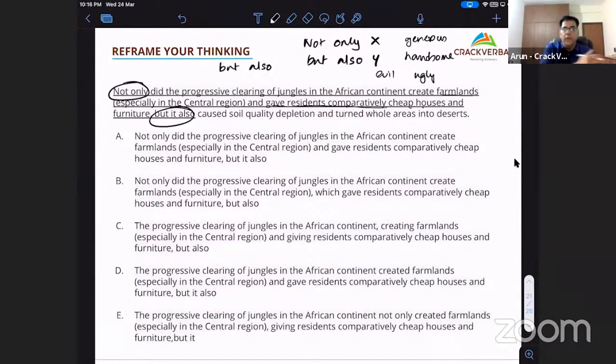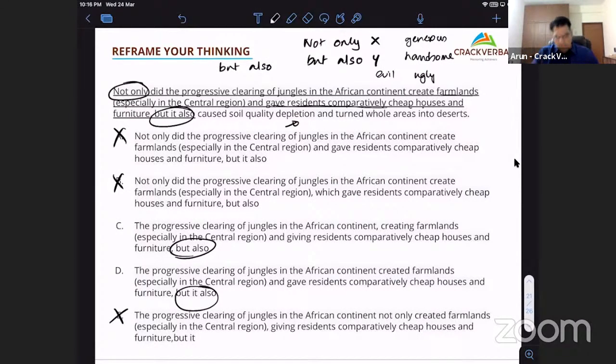Positive. But it caused soil quality depletion and turned whole areas into desert. Negative. Correct? Positive and negative cannot be not only but also. Answer options A, B and E go off, what you require is but also.